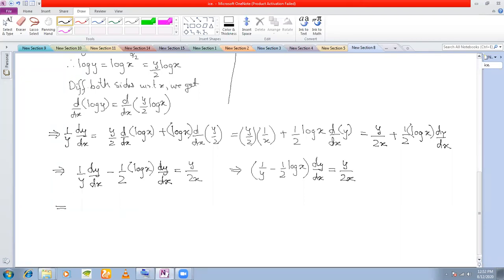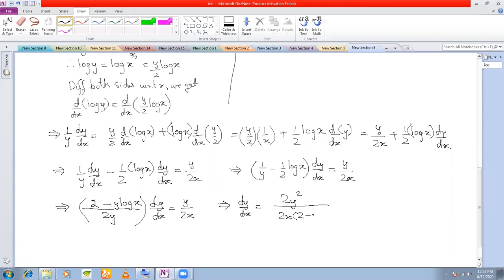That means you take the LCM, 2y, you get 2 minus y log x, okay, dy/dx equal to y by 2x, and dy/dx is 2y square divided by 2x into 2 minus y log x.